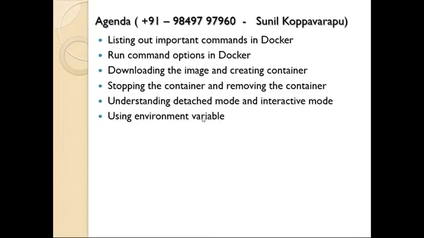If you want to create a container, it's a two-step process. First step is to download the image, and second step is to run the image. When you run the image, the container gets started. So let's proceed again.